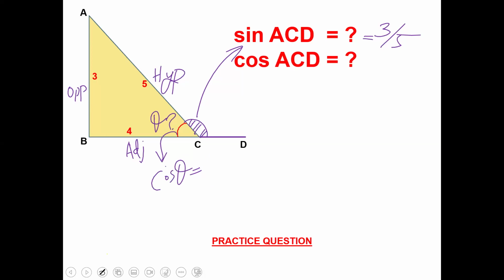Adjacent over hypotenuse, so 4/5. If the interior angle cos is 4 upon 5, look carefully here: for the exterior angle, this one, it will be minus 4 upon 5.